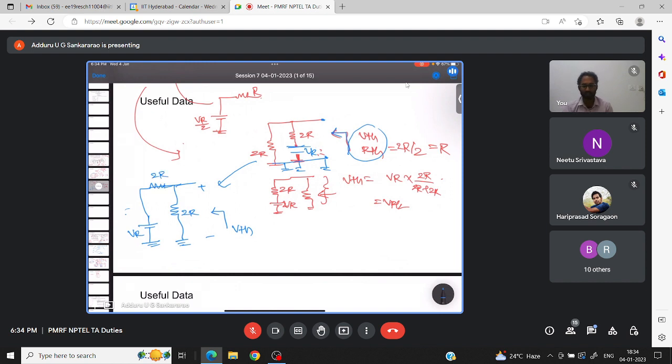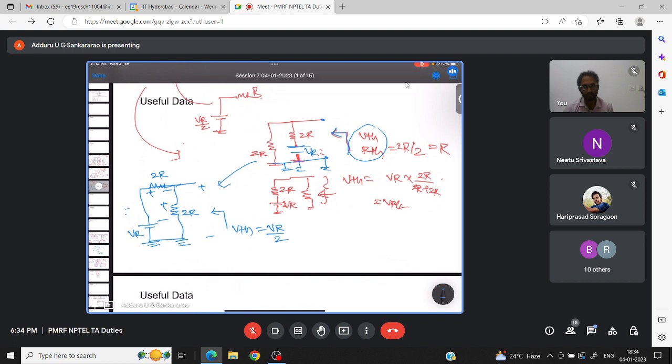Now, what is VTH now? You can use voltage division principle, right? The entire voltage VR is divided between these two resistances. Our VTH is nothing but voltage across 2R. So this is VR by 2, right? The voltage VR is divided between two resistors, VR by 2.